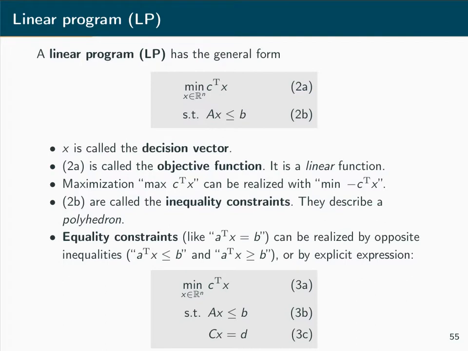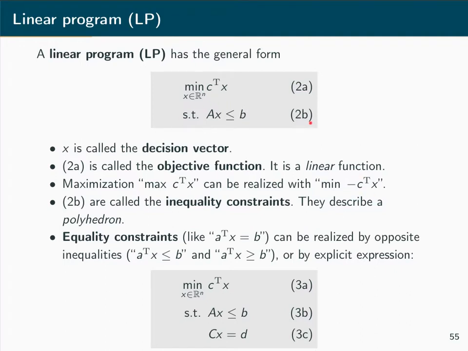Similar to flipping the direction of the inequalities, also the maximization can be included without loss of generality, as it can be flipped by just multiplying the objective function with a -1. So maximizing the expression c transpose x is the same as minimizing the expression minus c transpose x.